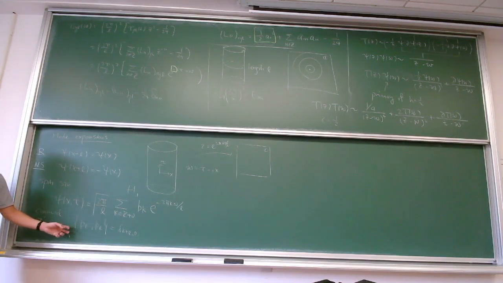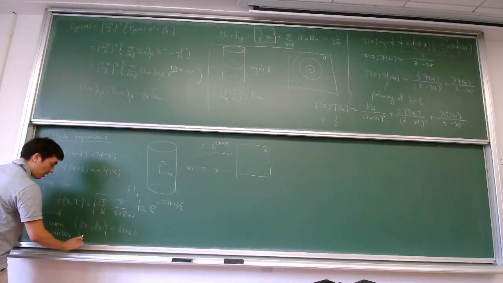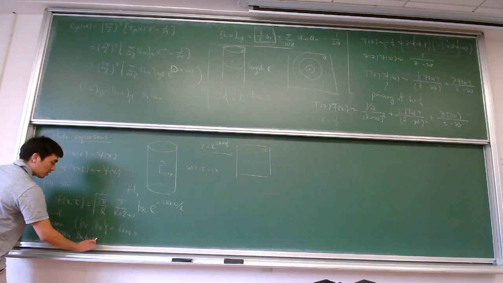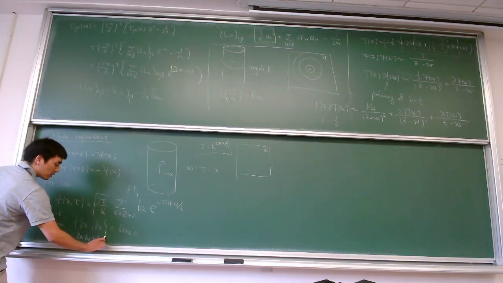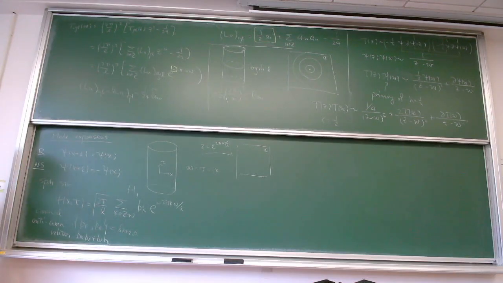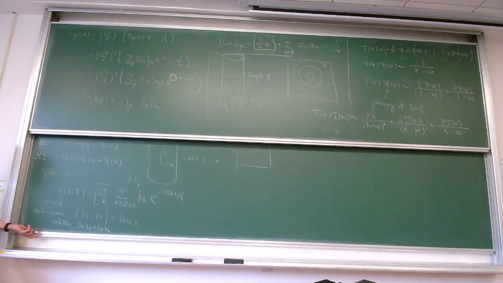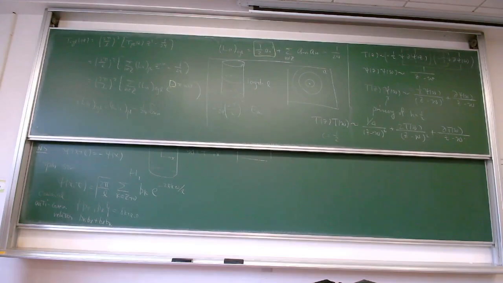So the b_k, b_l dagger plus b_l dagger times b_k is equal to a delta function. So that's what's going to happen.